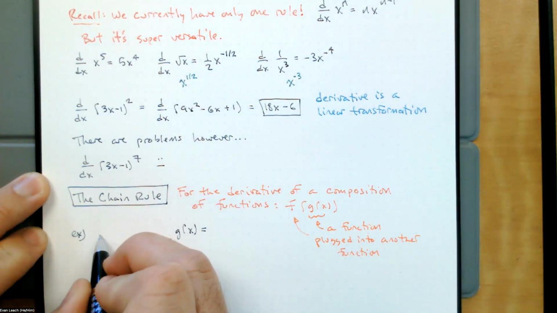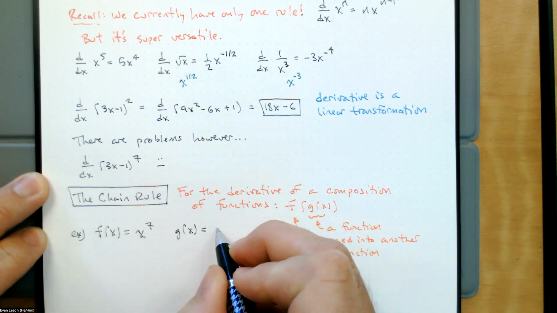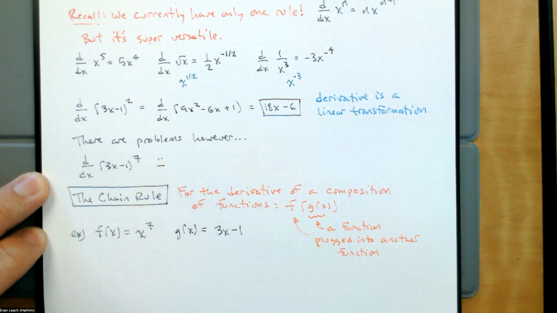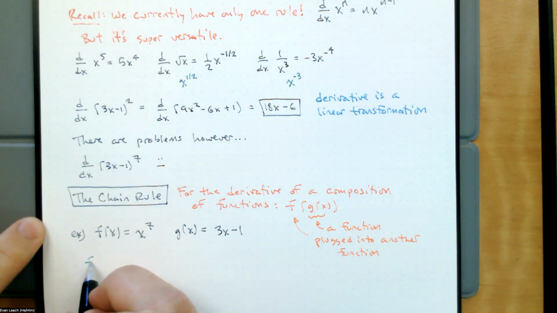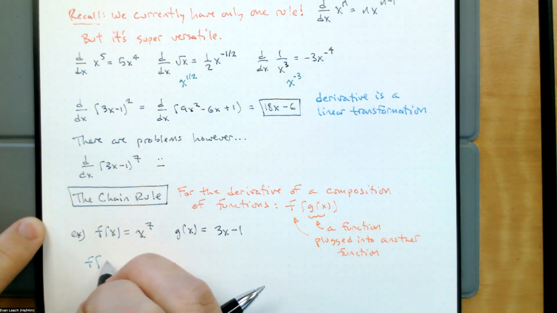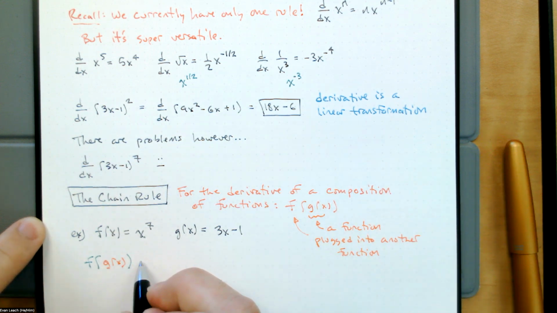Let's say f of x is x to the 7th, and g of x is 3x minus 1. I can write f of g of x as a composition of functions.